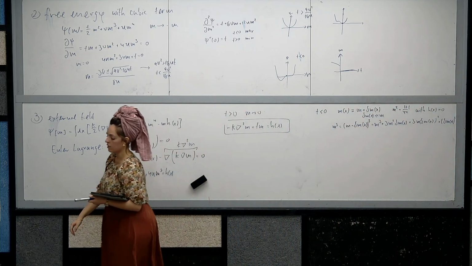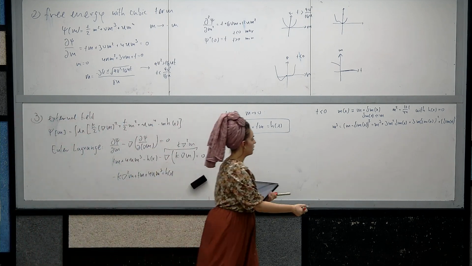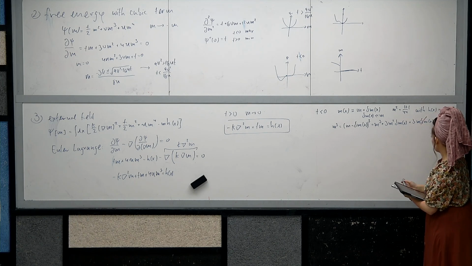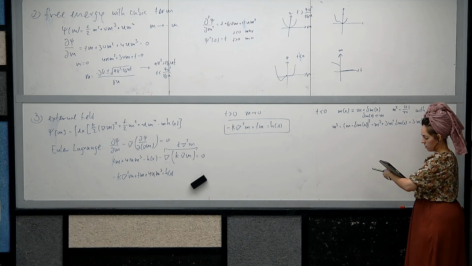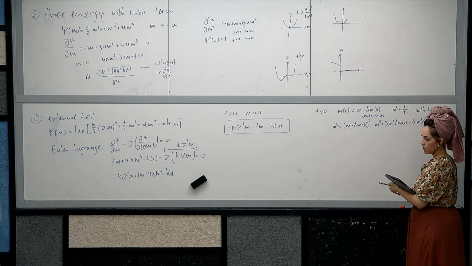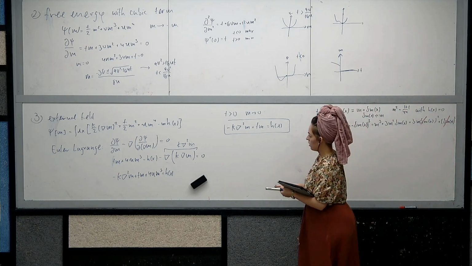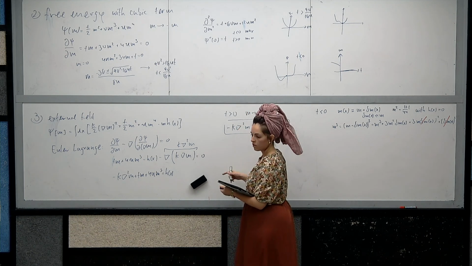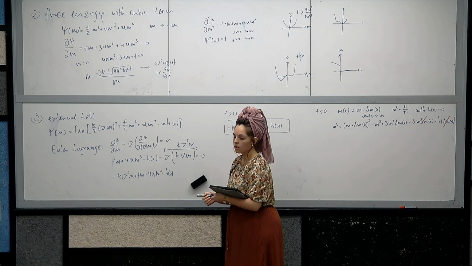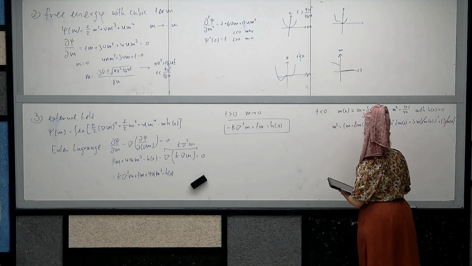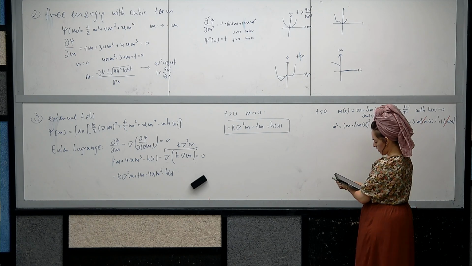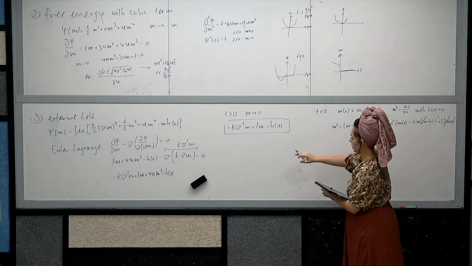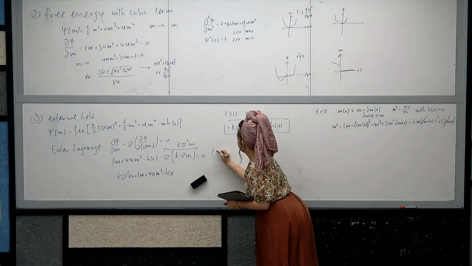So we keep only the linear term with delta x. Can you explain again why h is 0? This is the way you solve differential equations, just the homogeneous part. Okay. Now I put it in this equation.